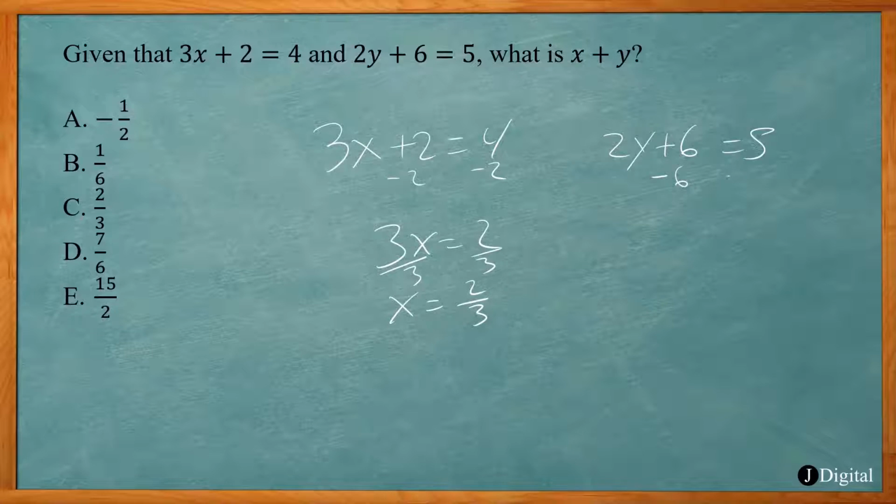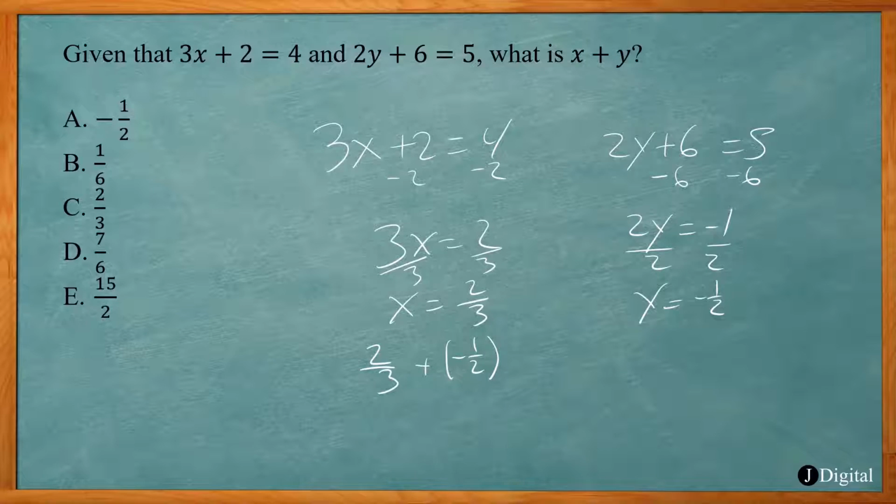Over here, minus 6 from both sides. 2y equals -1. Divide both sides by 2. y equals -1/2.